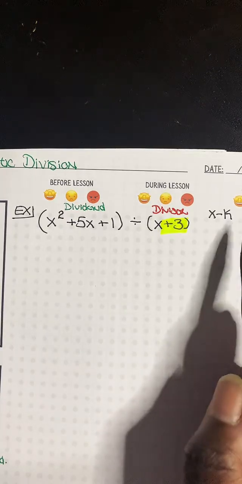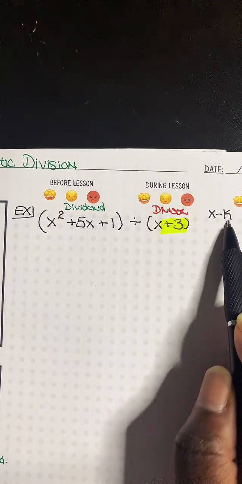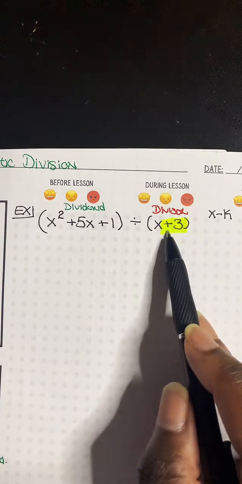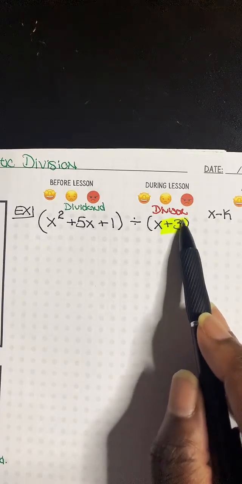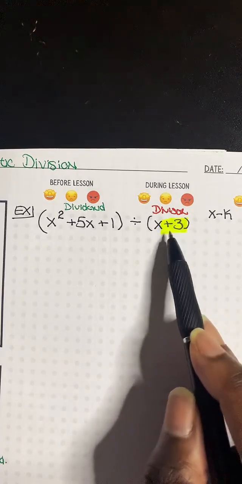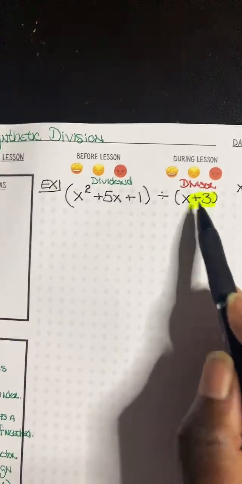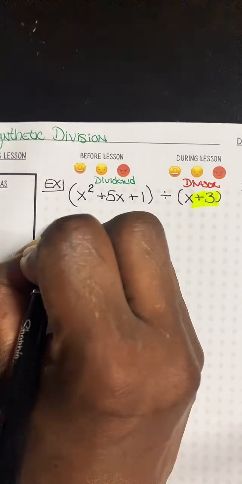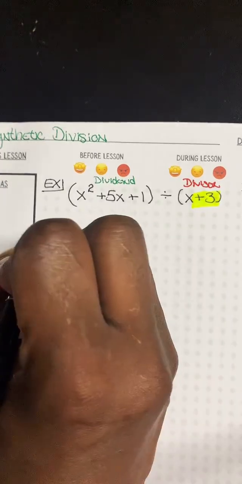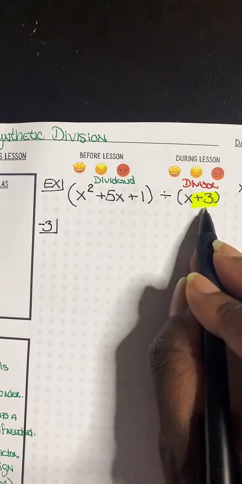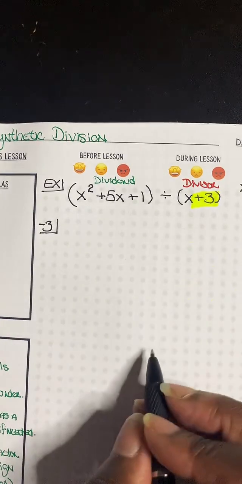But in order for this k to turn into a positive, this number has to be a negative, because a negative times a negative gives me that positive. So I'm going to put off to the side here a negative 3. So basically do the opposite of what you see.